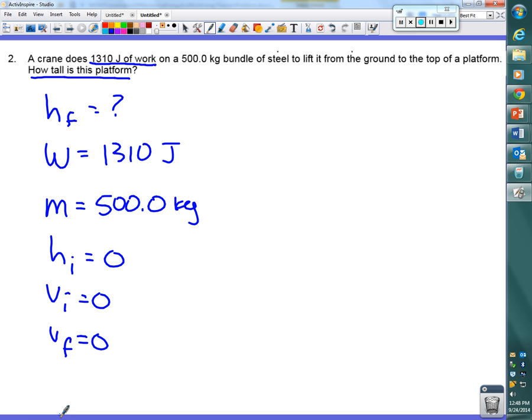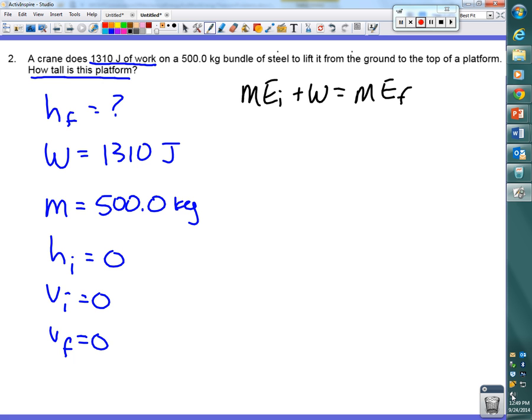Now, is gravity the only thing acting on the steel bundle in this problem? What does it tell you? There's a big crane, right? So the crane acts on that big bundle of steel. So now, instead of being able to use our conservation of mechanical energy, right, we have to use the work energy theorem.